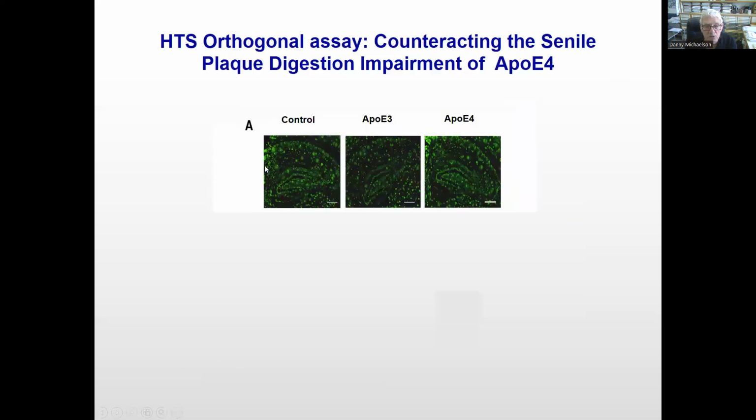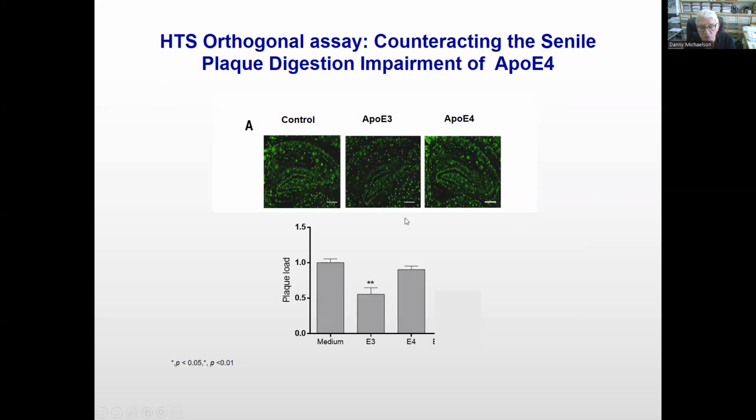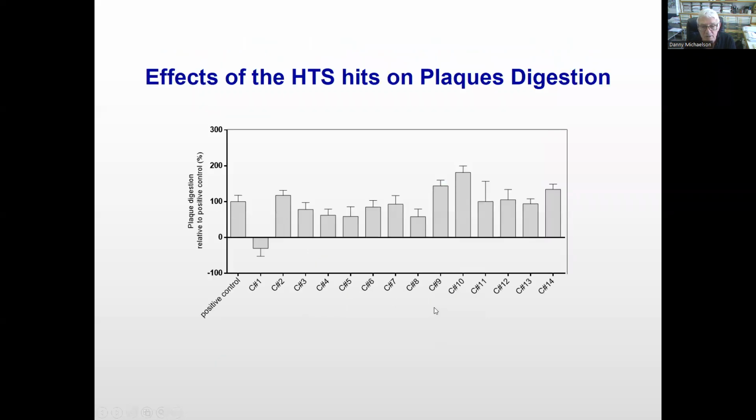So here's a control section. Here's a section after treatment with ApoE3, and here's one after treatment with ApoE4. And when you quantitate, that's what you see. As I said, E3 digests nicely, E4 does not decrease the plaques, and what we're looking for are hits that reverse the inability of E4 to decrease the plaques, and this is called our orthogonal assay.